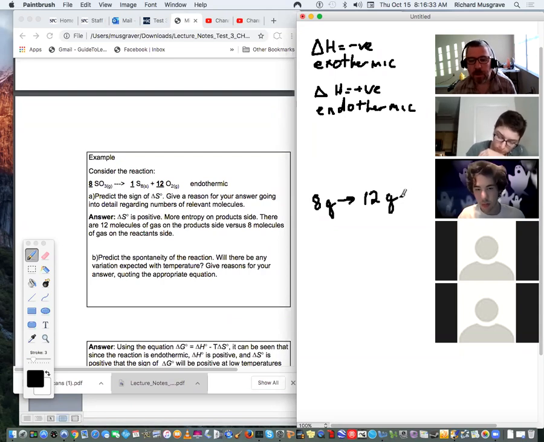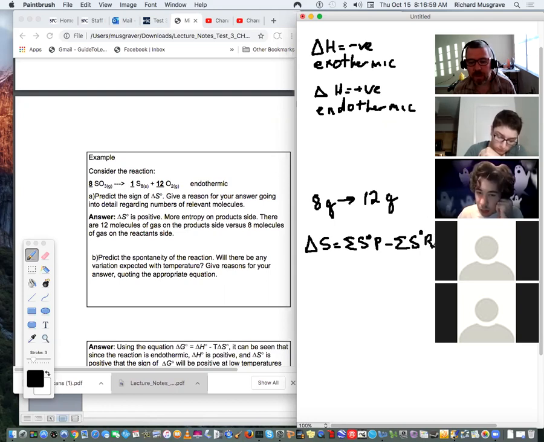Now, just on a pure intuitive basis, what I'd like you to appreciate is that there's more ways to arrange 12 gas molecules than there are 8 gas molecules. Now, delta S is always going to be the sum of the entropies of the products minus the sum of the entropies of the reactants every single time.